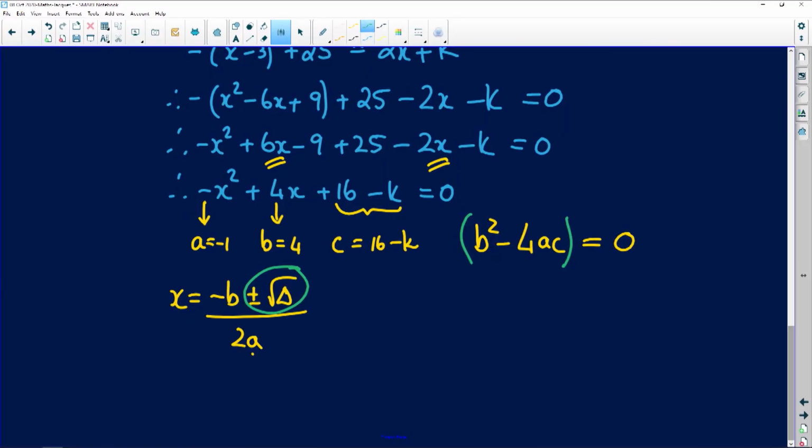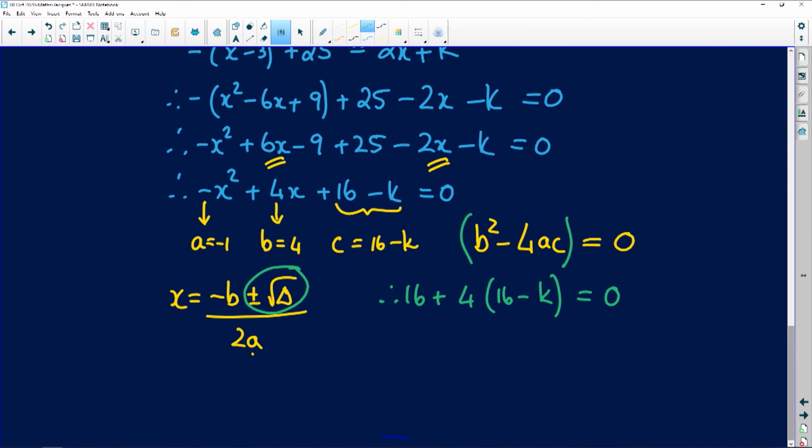Okay, let's see what we're going to get. We're going into the next phase. So therefore, b is 16 minus 4 times a. So I'm going to make that plus 4 because it's minus 4 times this minus 1, multiplied by c, which is equal to 0. Now, folks, before you distribute, simplify this thing.